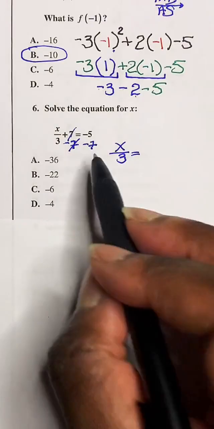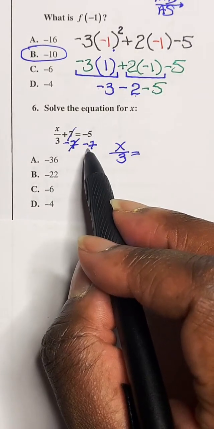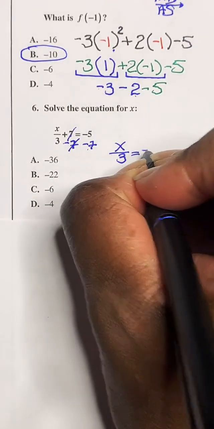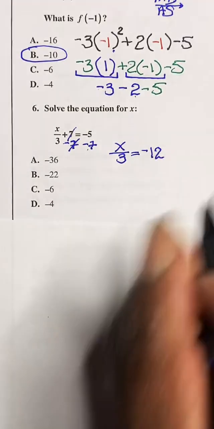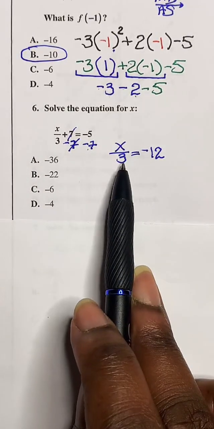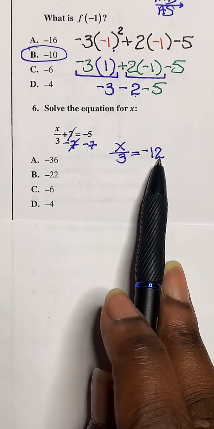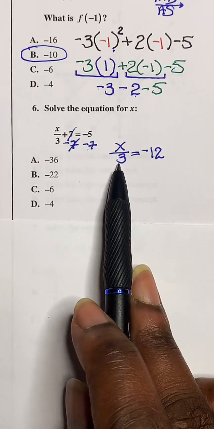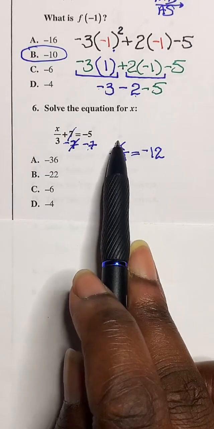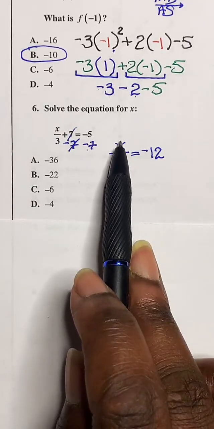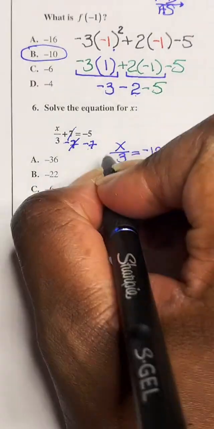All right, so -5 plus -7 gives me a -12. Now this is the part a couple of my clients were doing. They're like, oh, okay, so that means I can divide -12 by 3. No. This is the division, and the inverse of division is multiplication.